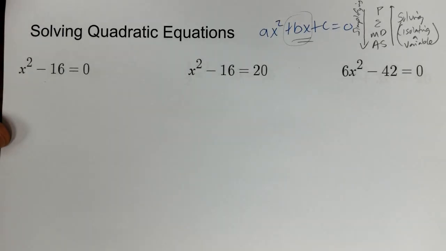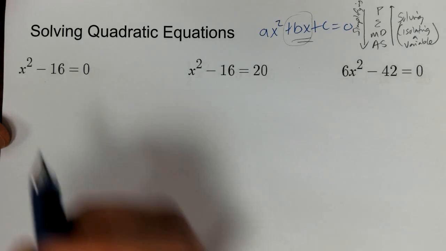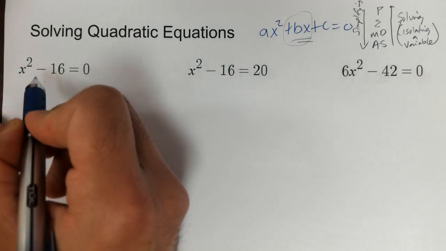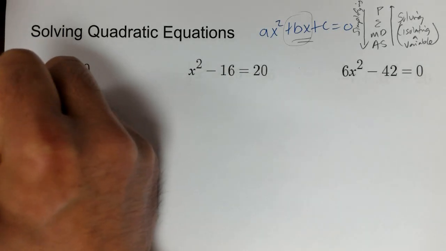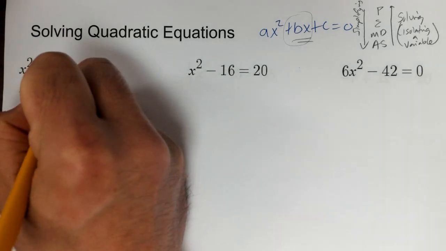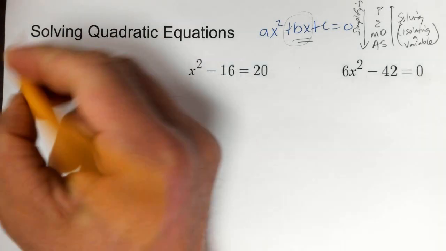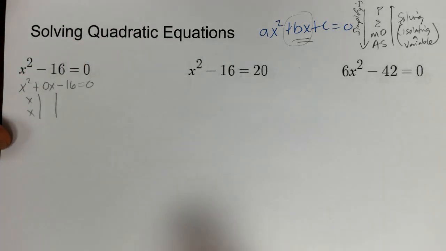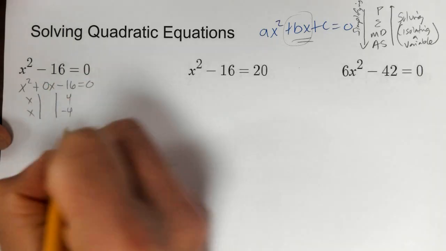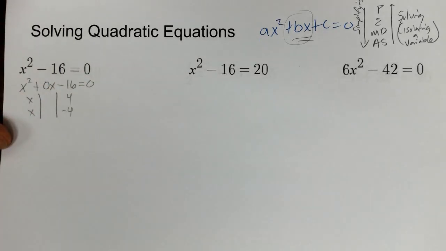Now, let's say that you don't want to do it this method, and you want to use the other approach that we did earlier. Well, since there's something missing in the middle, you can always do this problem by inserting the value that you're missing. I have 0x minus 16. And if you prefer, you can use this method from our previous video, and you can cross-multiply to find your factors and all of that.